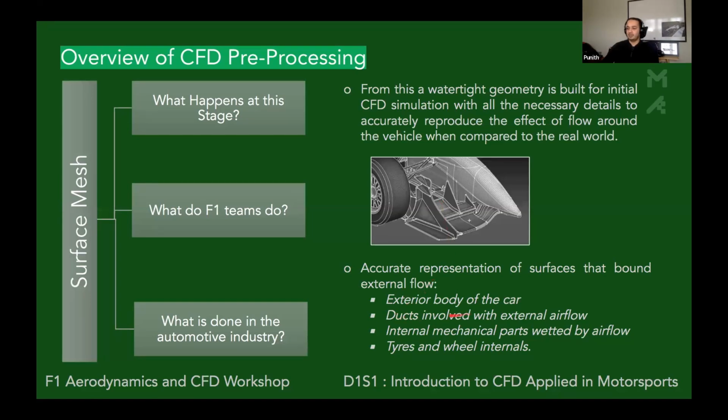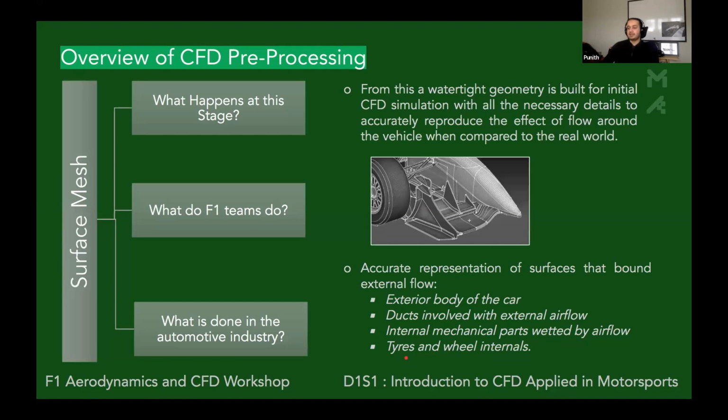So you'll have ducts involved that interact with the external airflow for cooling, for brakes, for engine cooling, and all of that. There'll be some internal mechanical parts that are wetted by the airflow as well. So, for example, air passes through the radiator, and then there might be a nice duct that brings it out, or it might just flow into the engine bay and then come out the back of the car. So you need to model. If that's what's happening, then you need to model those mechanical parts where the flow is touching.